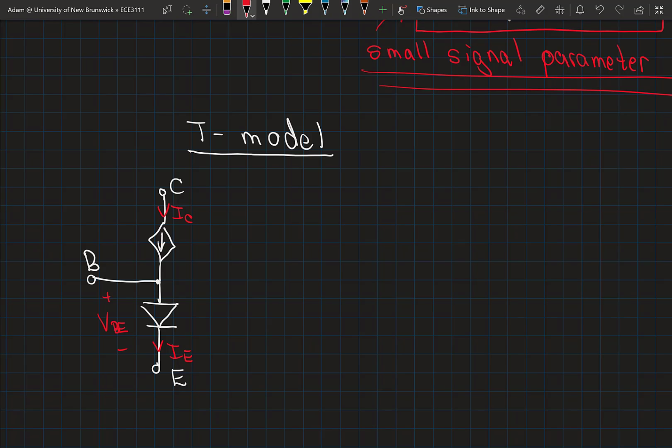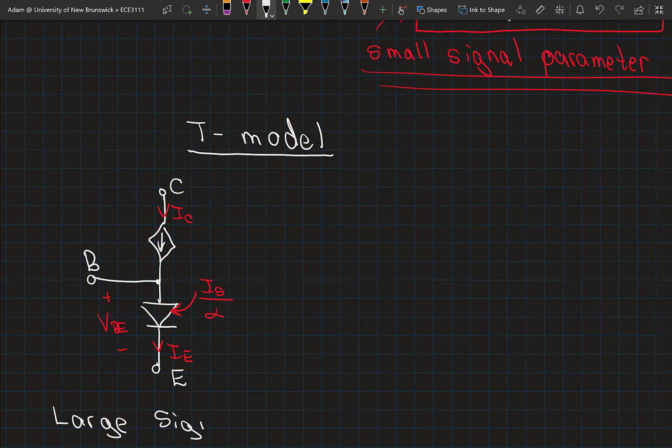And we'll recall that the saturation current of this diode that's actually in the emitter circuit is going to be scaled by alpha, that quantity that links our emitter current and our collector current. So this is our large signal model.